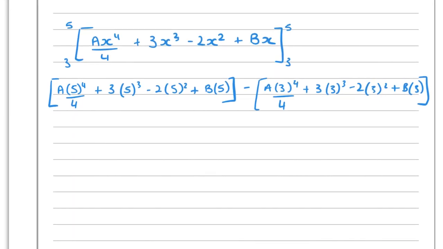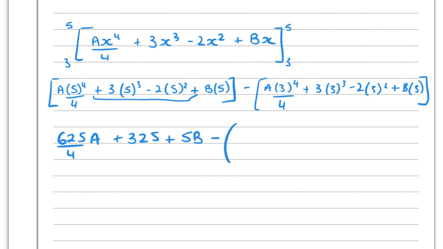Okay, so let's try and sort this out. So I'm going to just put everything into my calculator. 5 to the power of 4 divided by 4. Okay, so I get 625 over 4a. I'm going to put these two in my calculator at once because these are just my constants, my numbers. So 3 lots of 5 cubed minus 2 lots of 5 squared. I get 325 plus 5b. Awesome.